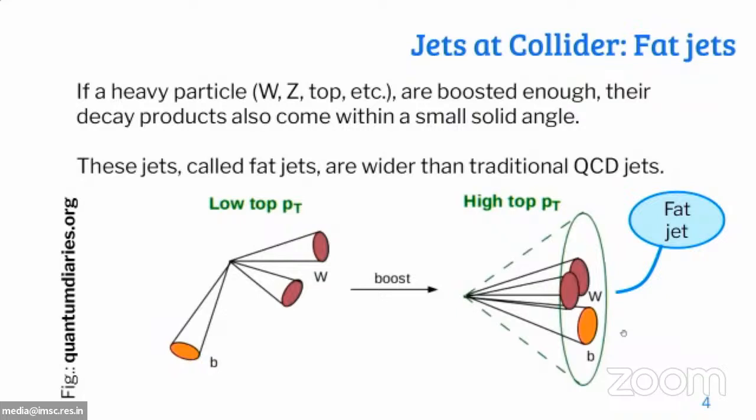Let's say, for example, a top quark decays. It has a three-body decay: a bottom quark and a W, which subsequently decays to two quarks, a quark and anti-quark pair. In a sufficiently boosted region, these three decay products come within a very small cone, and the showering from these quarks again produces a jet.